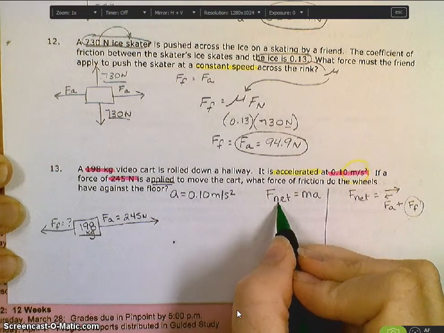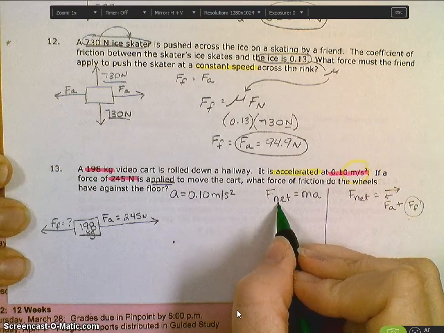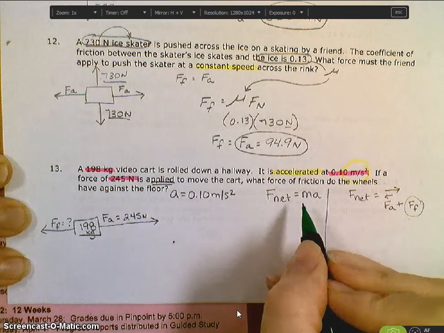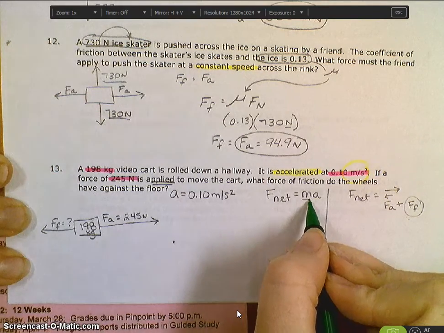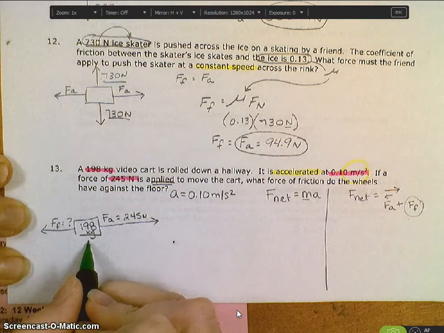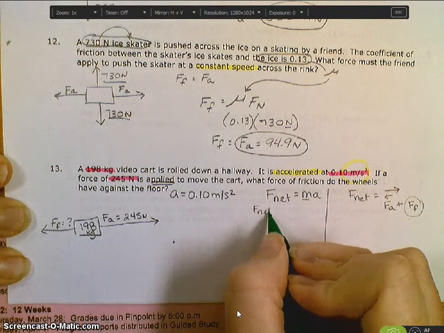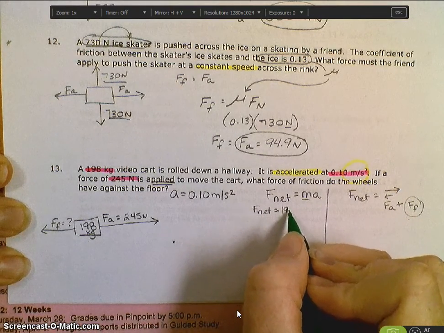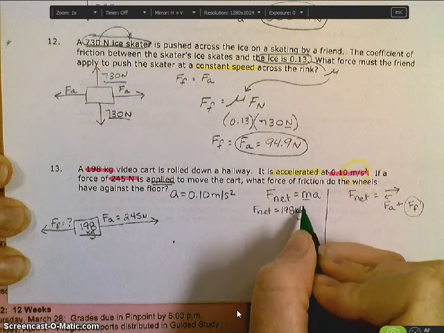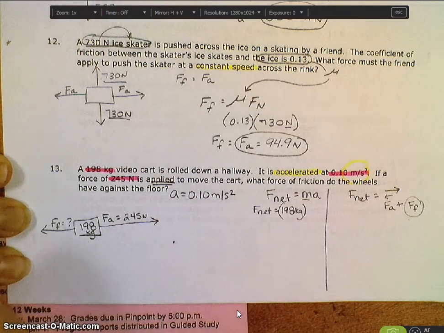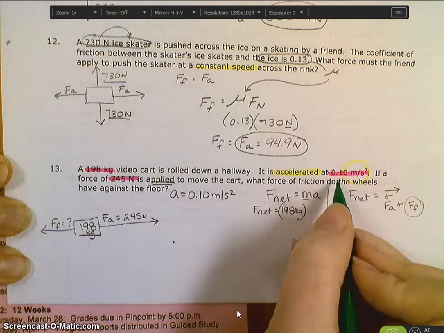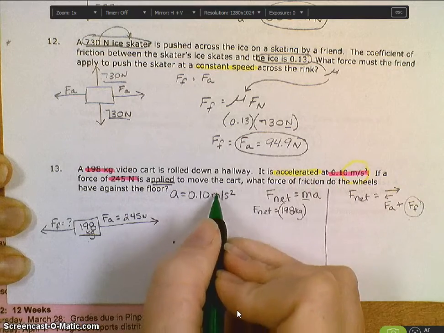I'll start here. F net equals mass times acceleration. Where's my mass? It's right here inside my box. F net equals 198 kilograms times my acceleration. Given here, written here.